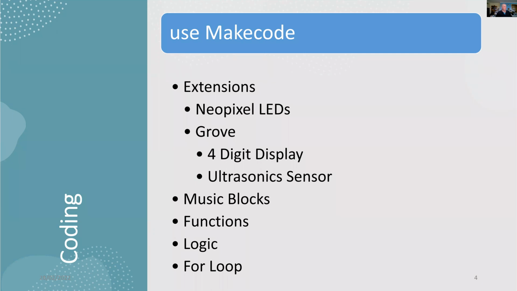And we're also going to learn a little bit more about MakeCode and do a couple of coding exercises. We'll be looking at extensions to MakeCode, and there are 2 of these we'll use. One of them is to support the NeoPixel LED strip, and the other one covers 2 of the Grove modules we'll use, a 4-digit display and an ultrasonic sensor.